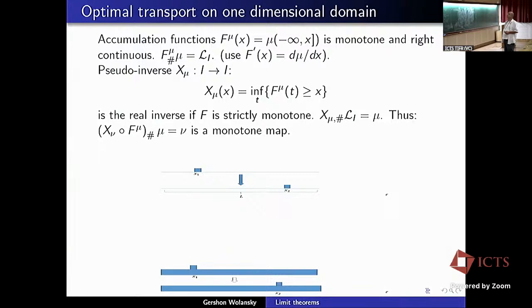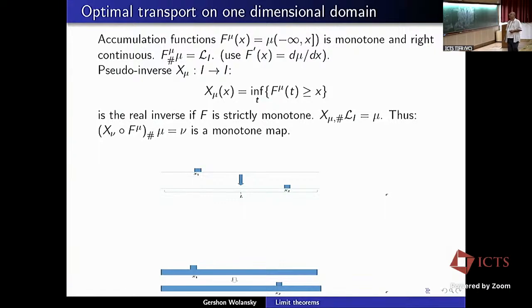What does this function do? Well, if you think about it, it just pushes the measure mu to the Lebesgue measure on the unit interval. A unit interval because mu has mass 1, right? So F mu is taking values between 0 and 1. And the derivative of F mu is just the canonical derivative of mu with respect to the Lebesgue measure.